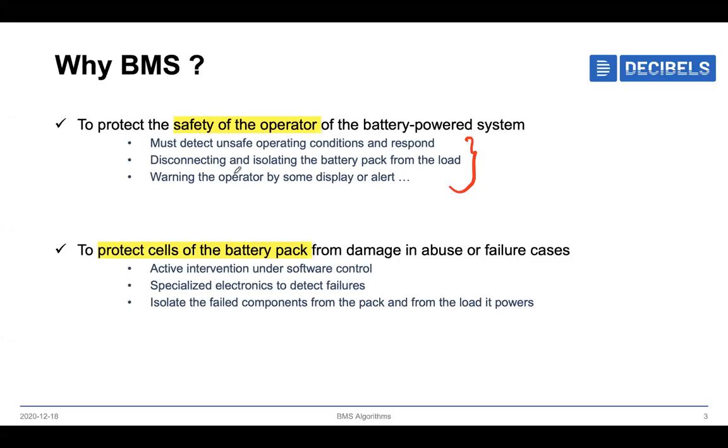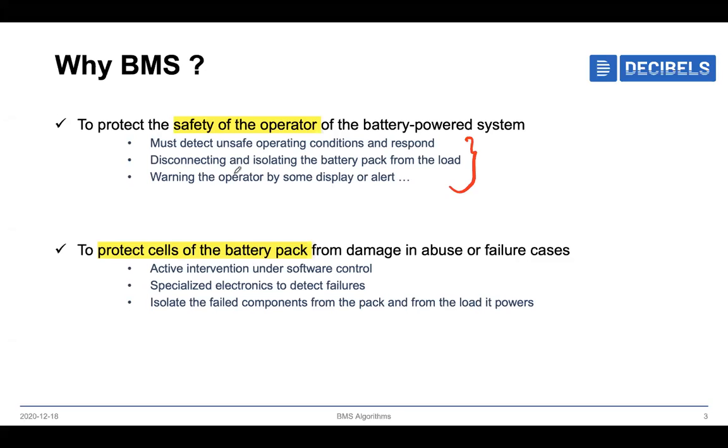Okay, so coming to the next aim of the BMS, which is to protect the cells of the battery pack. As we discussed, there are many reasons why the cells will go into a bad region, like when we are operating the vehicle in bad conditions, or when we are going out of the limits of the cell's defined region. Then the BMS has to come into the picture and protect the cells.